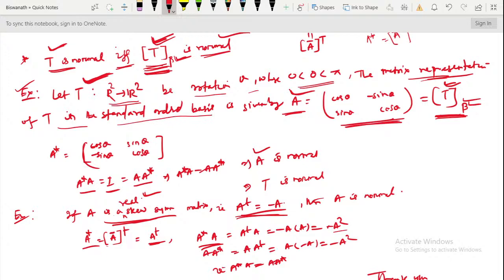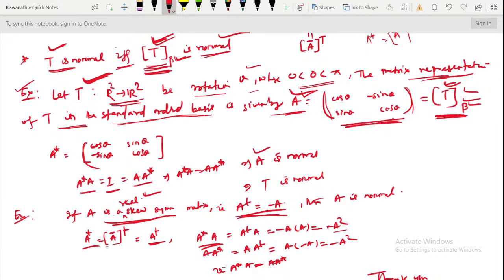The matrix representation of T in the standard ordered basis is given by A, which is cos theta, minus sin theta, and sin theta, cos theta.